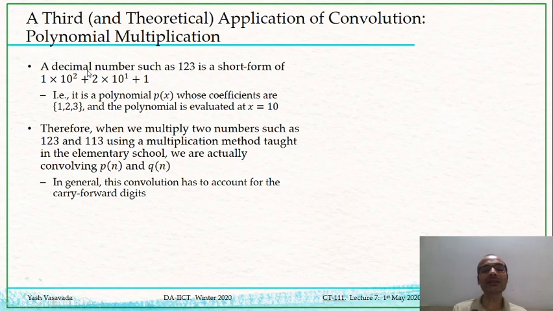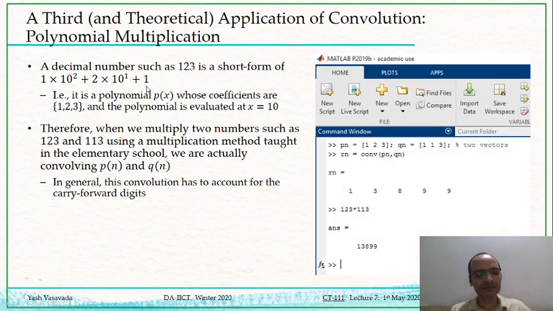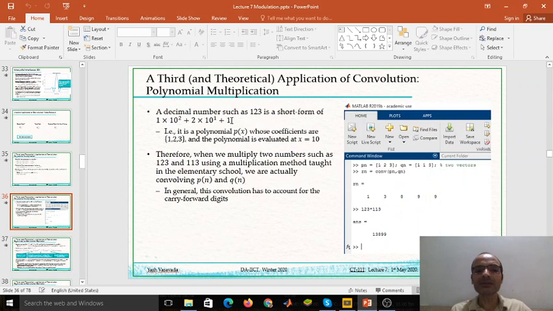The reason it is called a decimal number is that the variable of this polynomial is 10. It's essentially a polynomial, and this 1 2 3 here just denotes the coefficients of this polynomial. Sorry, by the way, this should be 3, not 1.